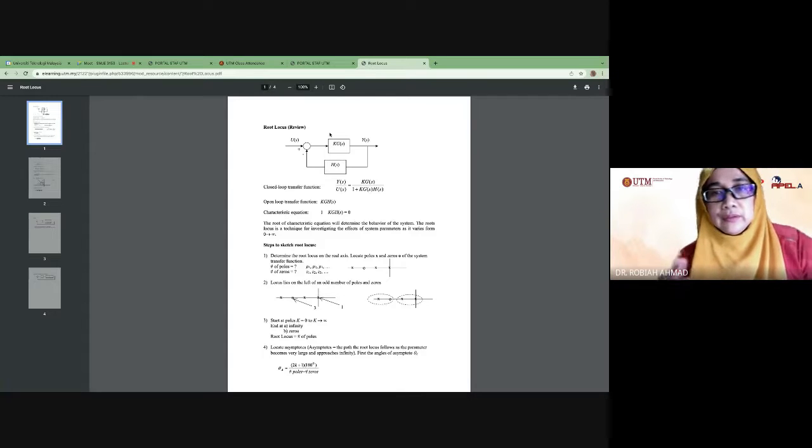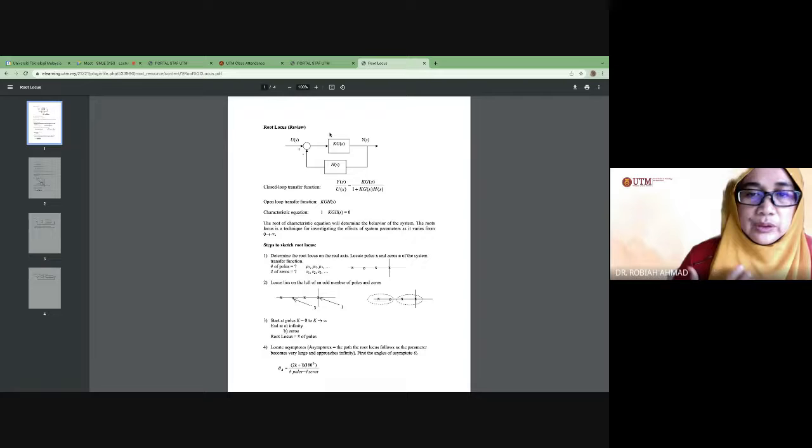For Friday's class, we are going to draw the root locus by following this step by step. I start with the basic concept of a control system. You must understand K, G, H, and then the closed loop transfer function, the open loop transfer function, and the characteristic equation.